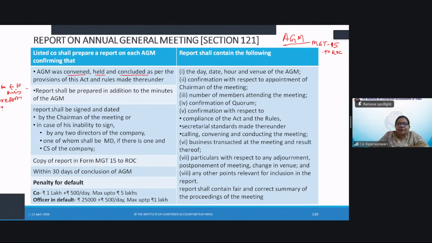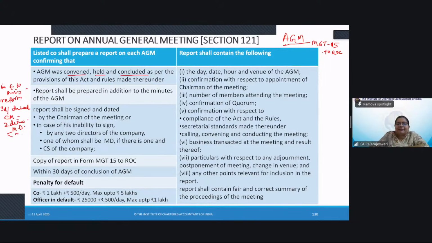Now this report should be signed and dated, on whatever day he is signing the report, by the chairman of the meeting. Suppose the chairman is not able to sign, then by two directors. If the company has one MD, he should be a signatory to it.